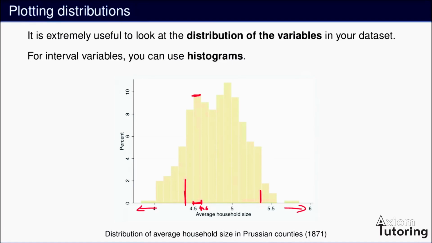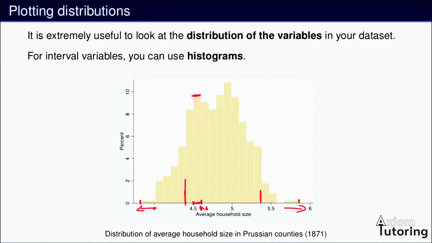Okay? So we see that, for example, the smallest value seems to be around 3.8, and the largest one is going to be around 5.9. So the distribution is relatively compact between those values.